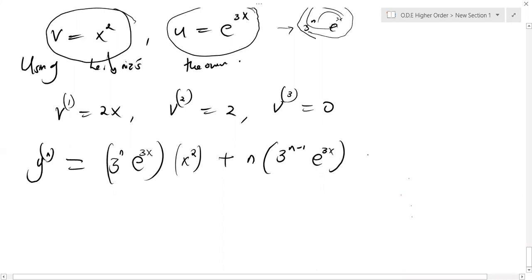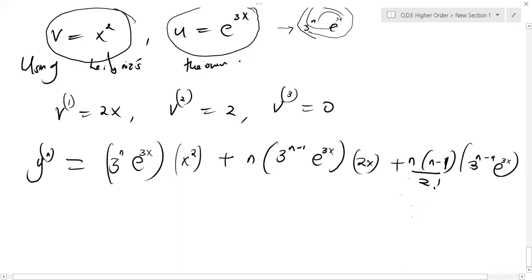I hope you guys are following the formula. Our v1 is 2x, plus, following the formula, we have n into n minus 1 over 2 factorial multiplied with u raised to n minus 2. That is the nth minus 2 derivative of u, and that will be 3 to the n minus 2 exponential 3x.